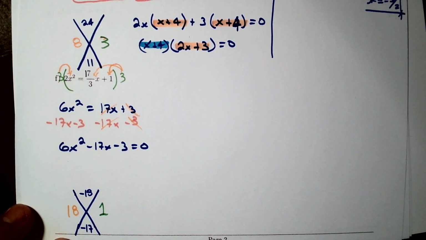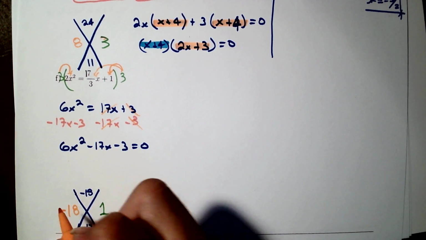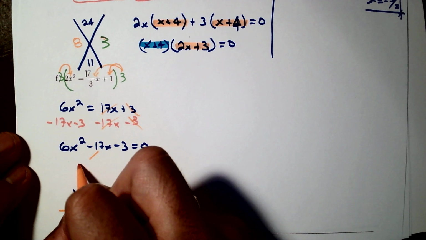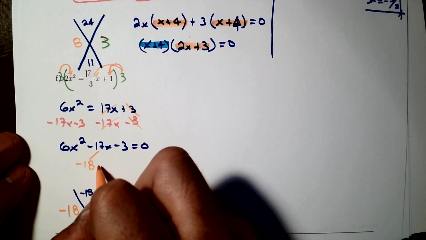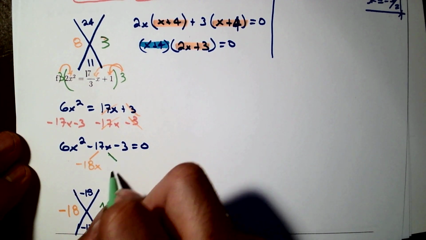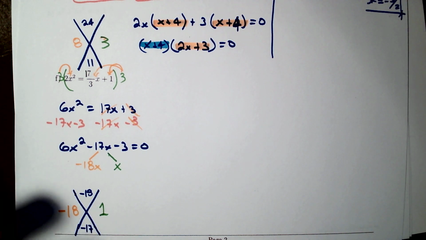But in particular, I need the product to be a negative number and the sum to be a negative number as well. So to get that done, I need the negative to be the largest number. So this will be broken up into negative 18x and 1x, which is simply x. All right, that's all we do.